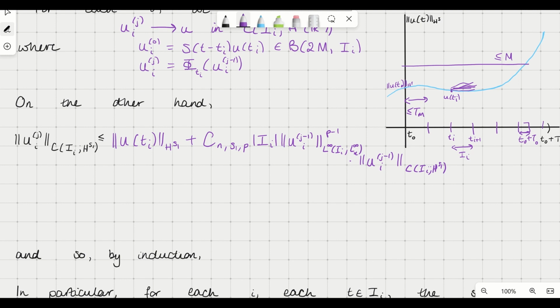Now this is a lot, but this is actually just exactly the inequality that I was discussing before that we showed in the local existence proof to show that phi mapped the ball to itself.